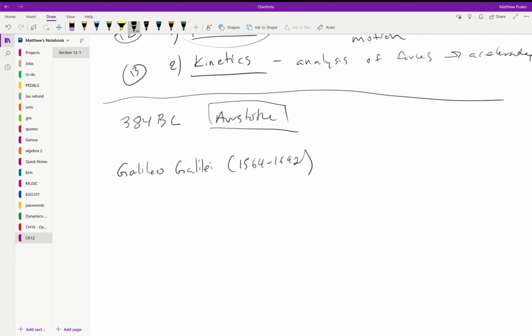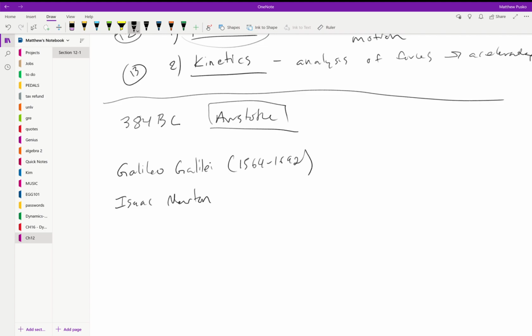But then Sir Isaac Newton came around. With others, he didn't do this alone, but he formulated the basic gravitational laws and laid the foundation for the fields of dynamics and calculus.